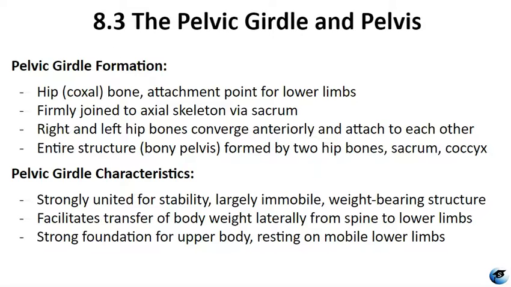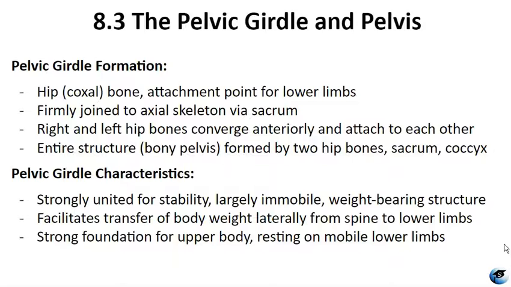The pelvic girdle, composed of the hip bone or coxal bone, forms the attachment point for each of the lower limbs. Each hip bone is securely connected to the axial skeleton through the sacrum, and the right and left hip bones converge anteriorly, attaching to each other. The collective structure, consisting of two hip bones, sacrum, and coccyx, is referred to as the bony pelvis.